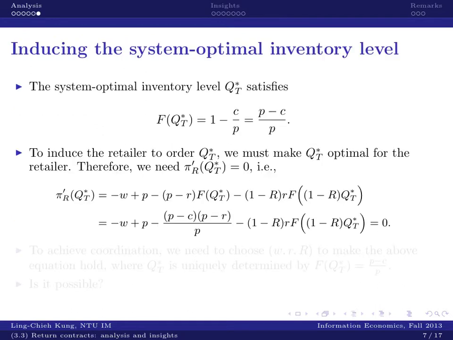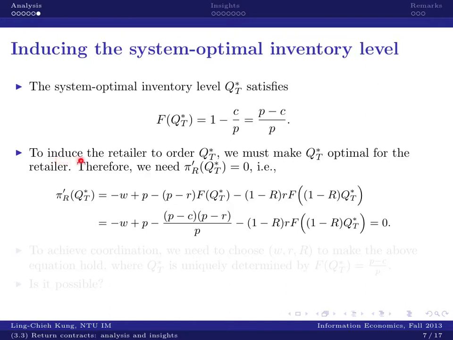Let's continue. Now the question is, how may we induce the system optimal inventory level? The system optimal inventory level is called QT star. It must satisfy this equality.